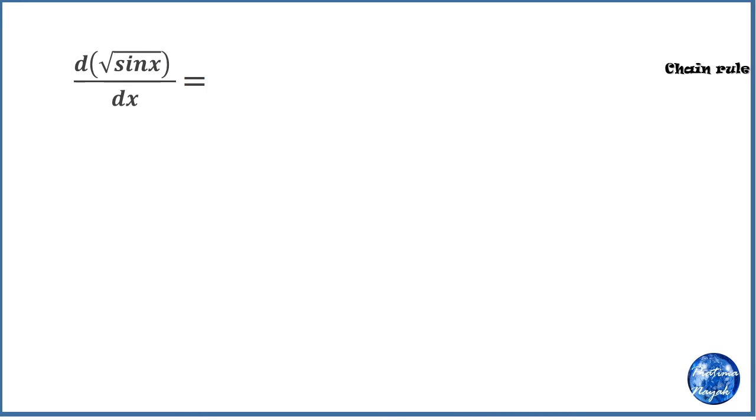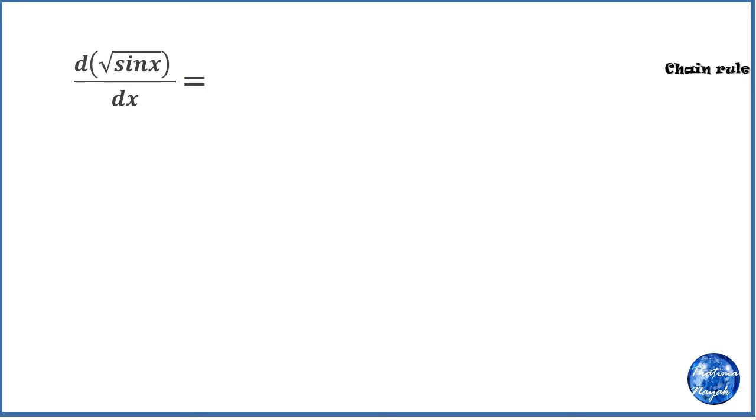Next, if it would be under root sin x, how to do this? Here the outer function is the square root function. You will start from left. If you go from left, first the function is square root function. So square root is outer here and sine is inner. What is the derivative of square root?